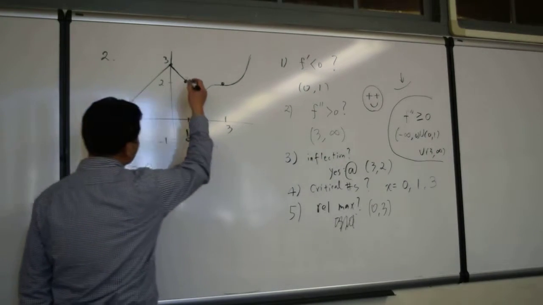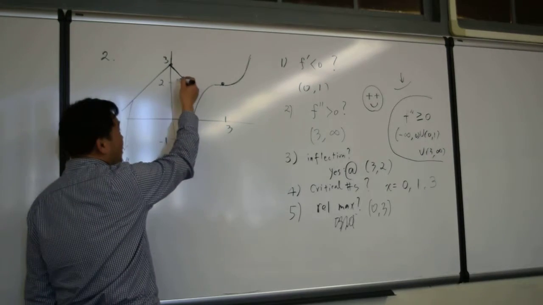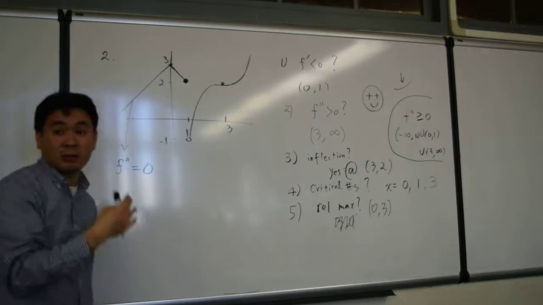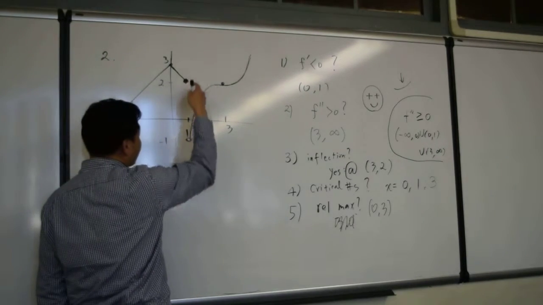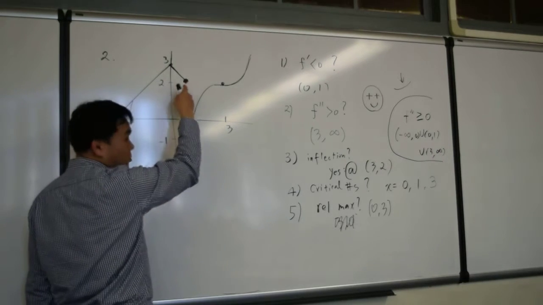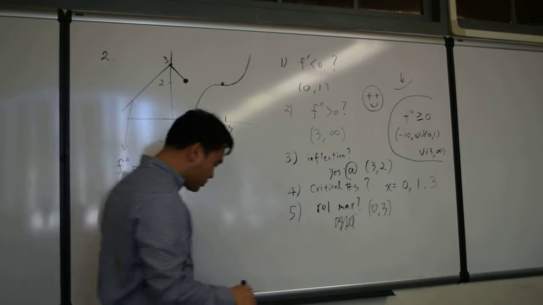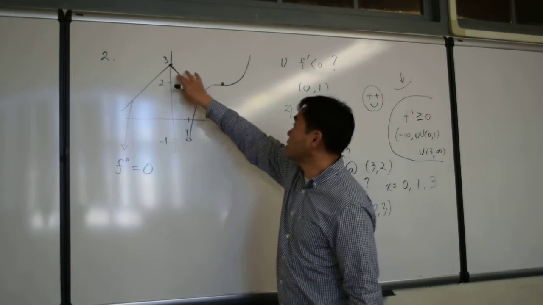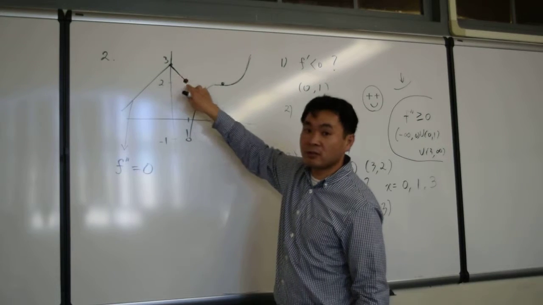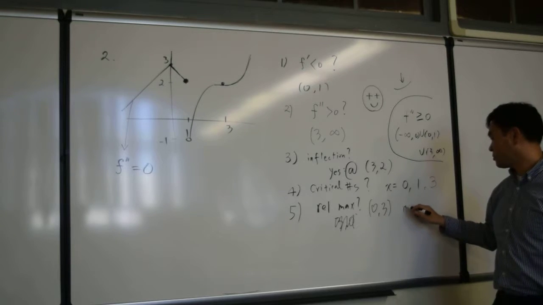Now if you go to 1, here's the value at 1, the value is 2, but if you go left, there are places where it's more than 2, right? Although if you go right, everything is less than 2. So before 1, since it's bigger, this cannot be a relative maximum.